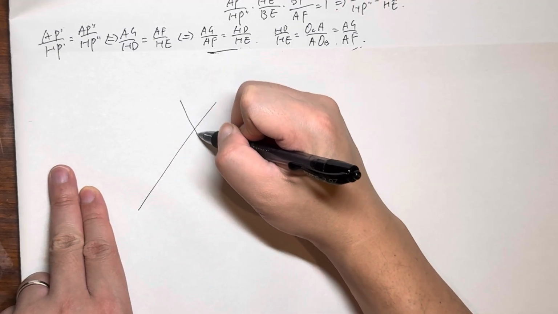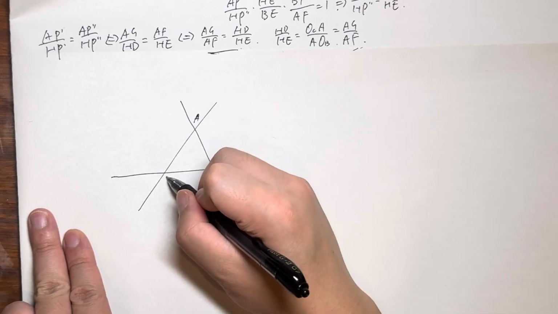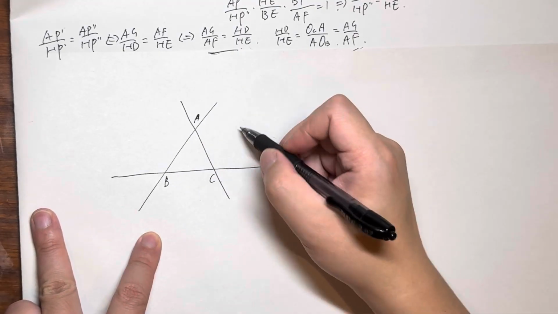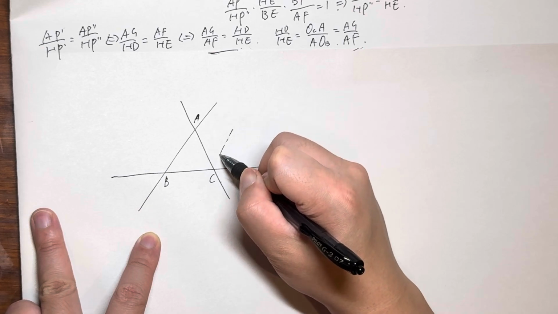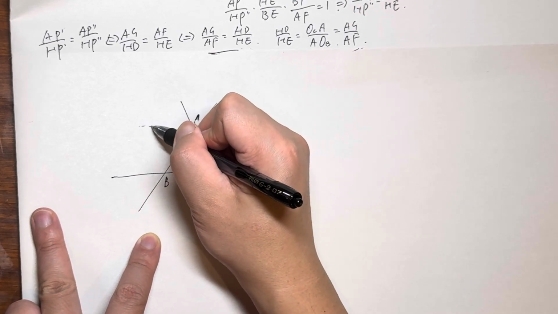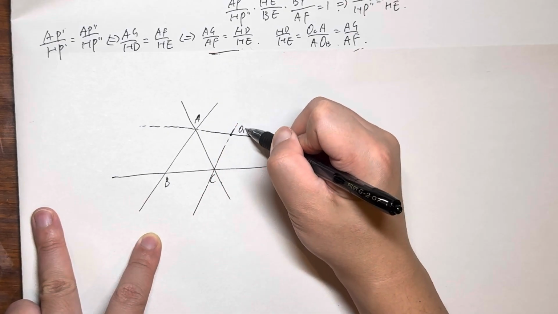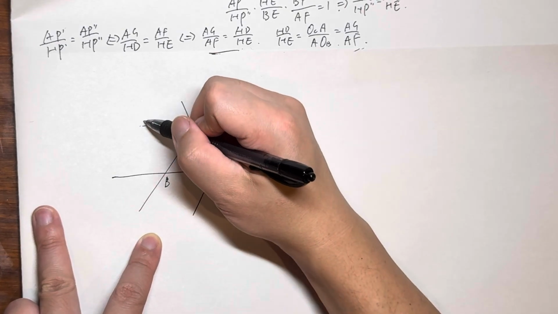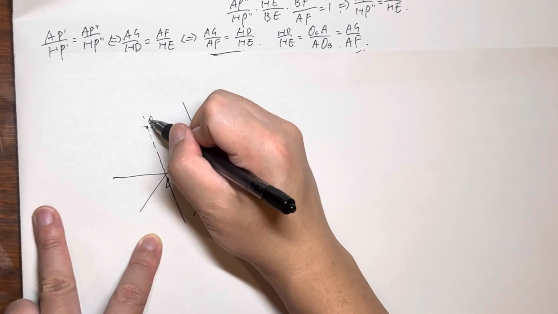Again, we have our triangle ABC, and we want to find the excenter. This one is OB, and this one is OC.